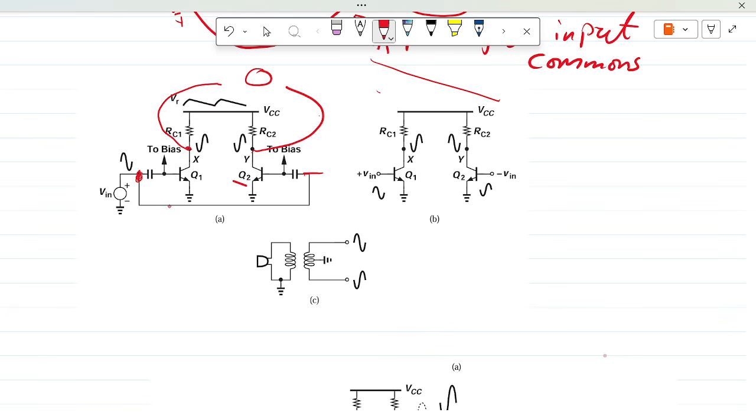So how do we get a differential signal at the input, and what exactly do we mean by a differential signal?